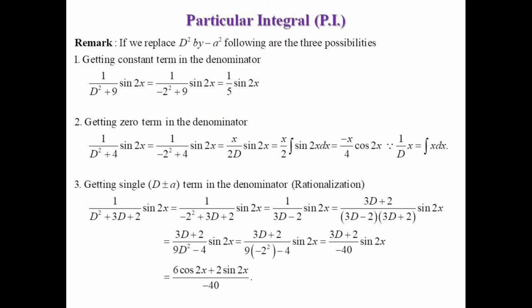Whenever we get a 0 term in the denominator, attach x on the numerator and take the derivative of the denominator with respect to D. So here, attach x on the numerator, the derivative of D square is 2D, into sine of 2x.